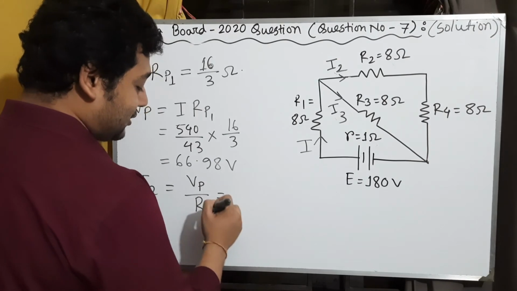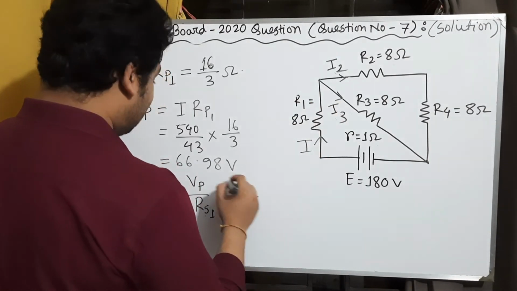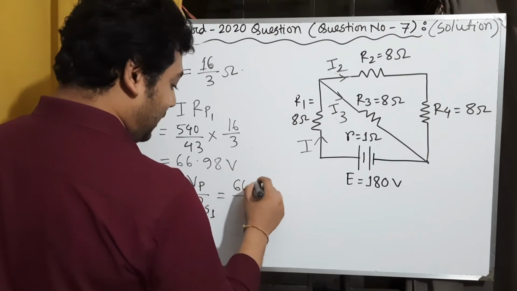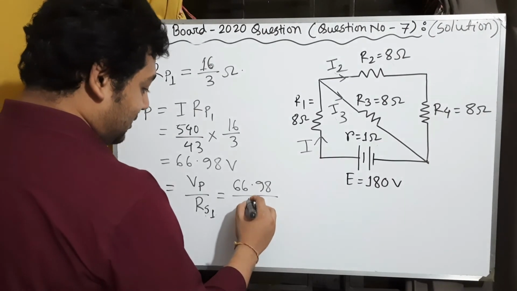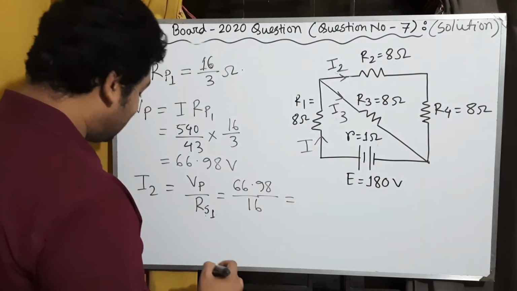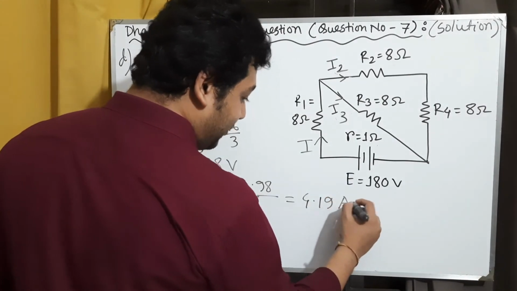Vp is 66.98 volt and RS1 is 16, so we get I2 as 4.19 ampere.